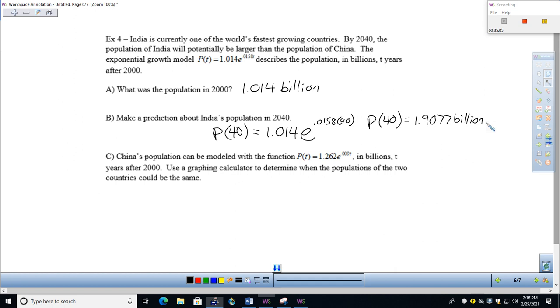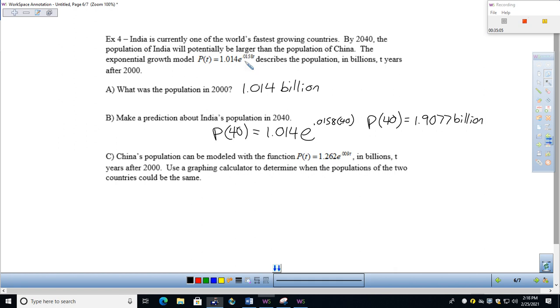Okay, next piece. China's population can be modeled with the function P of t equals 1.262 times e raised to the 0.009t. Notice this number is smaller than this number up here. So that is a particular type of growth rate, and the growth rate in China is smaller than the growth rate in India.